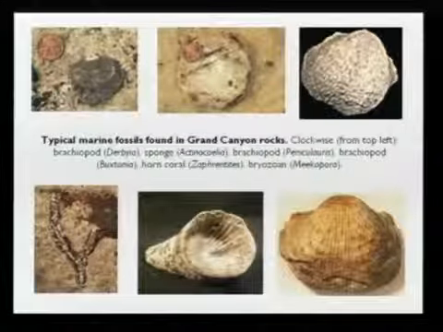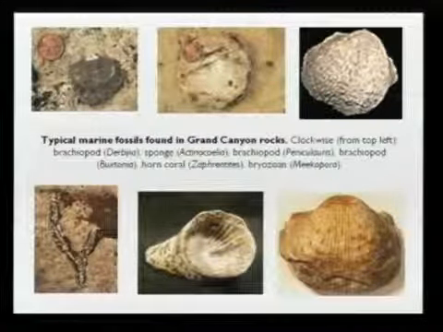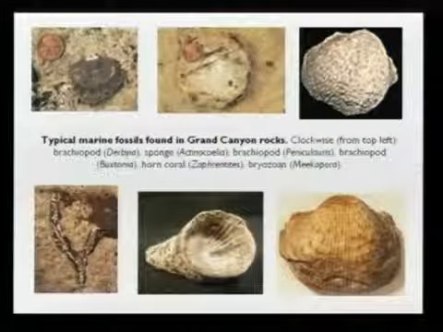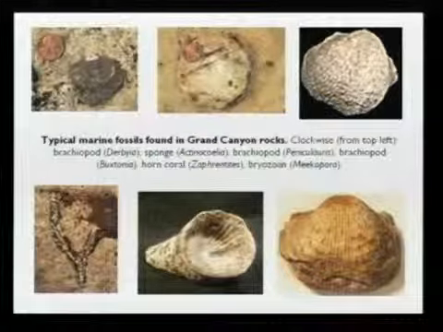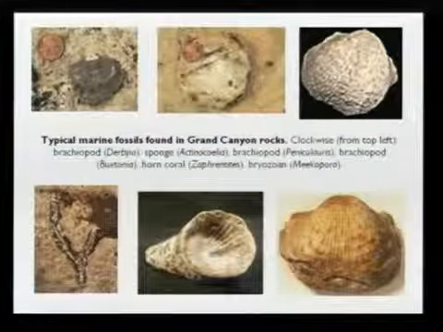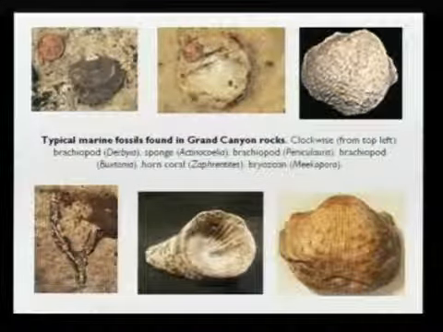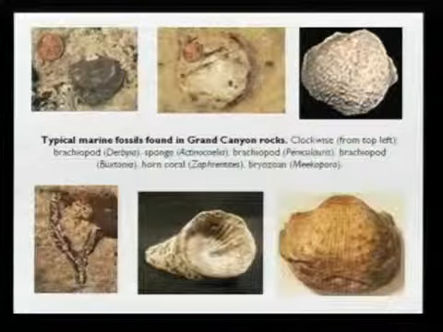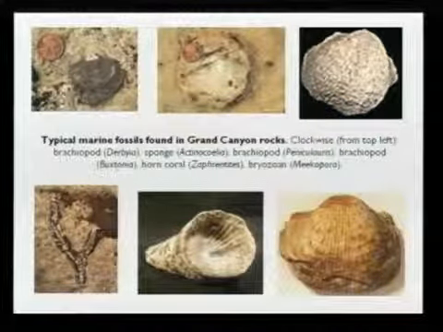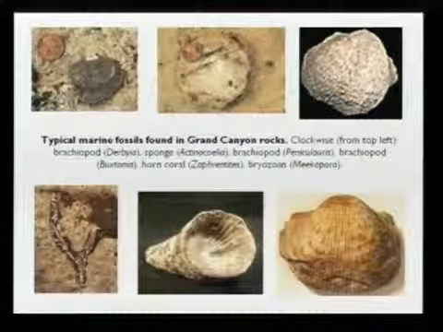These are just some of the typical marine fossils that we find in the Redwall and Kaibab limestones. We have in these rocks brachiopods, lampshells, corals, bryozoans, crinoids, sea lilies and so on, bivalves, gastropods, trilobites, cephalopods, and fish remains. Many different kinds of marine organisms are represented.